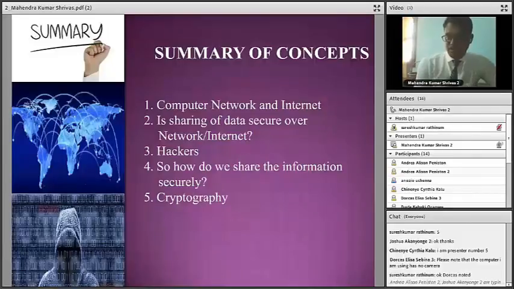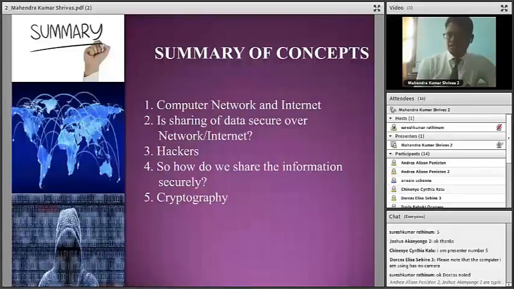What they do while you share your data over the network is sniff, hack, and steal your information. The motivation behind that can be anything, like taking competitive advantage or taking secret information from one government to another government, right?